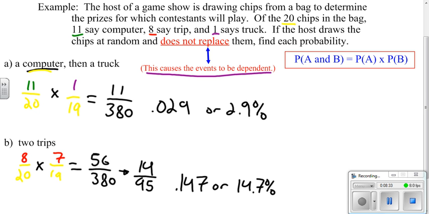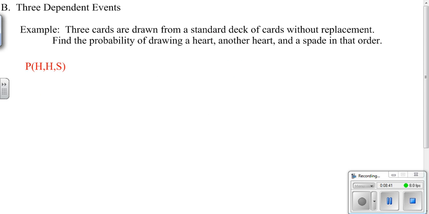So there's a 14.7% chance that when we draw 2 of them, they will both say trip. Pretty neat. So now we're going to look at 3 dependent events all happening at the same time, or should I say consecutively, one after the other.